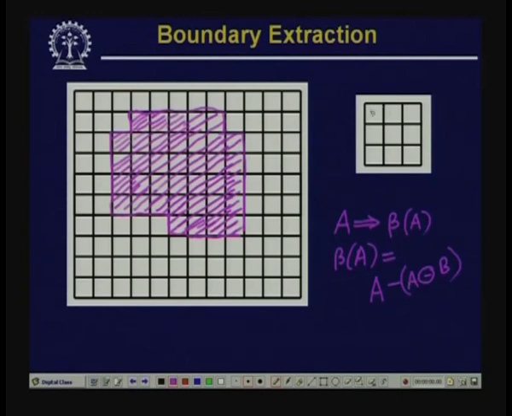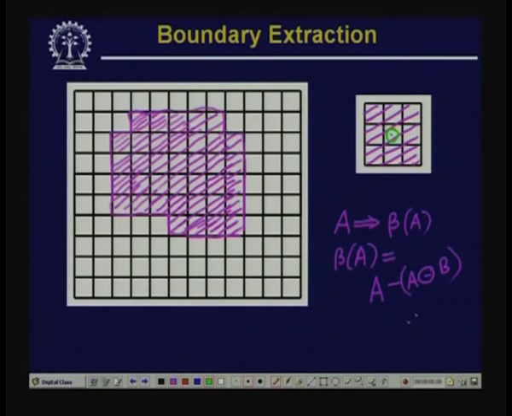Let us assume that we have a structuring element as given here. This is my structuring element, and I assume that the origin of the structuring element is the center pixel.